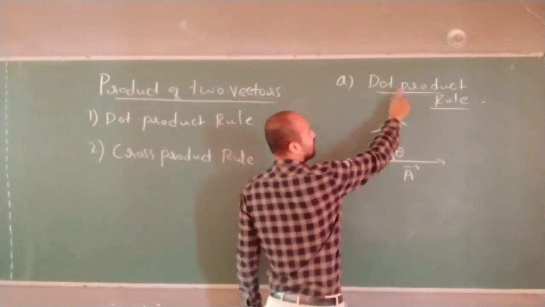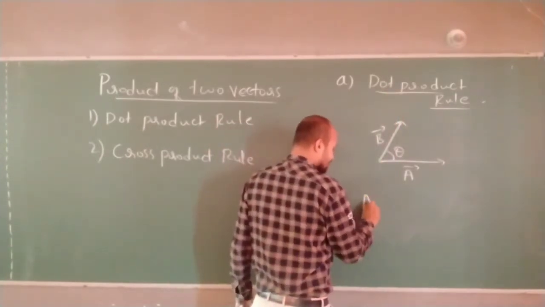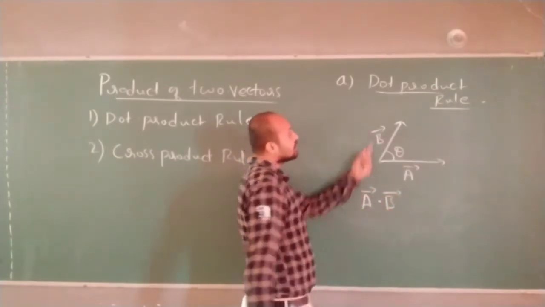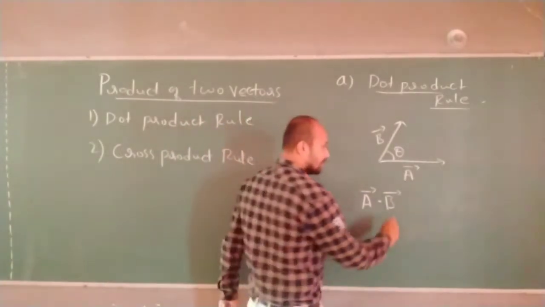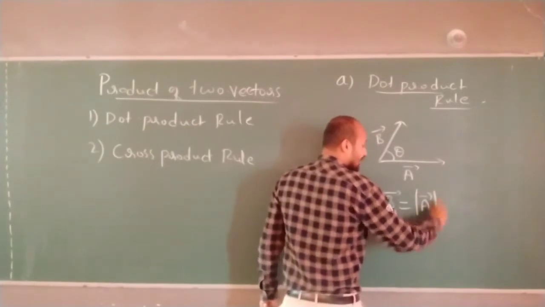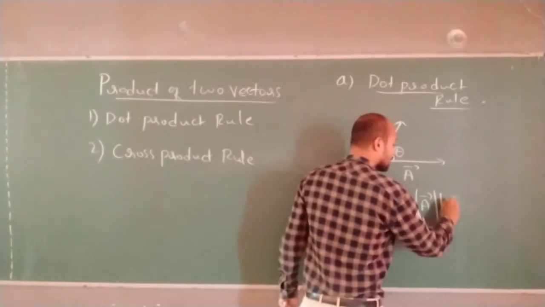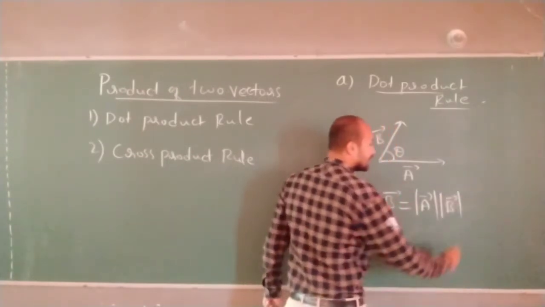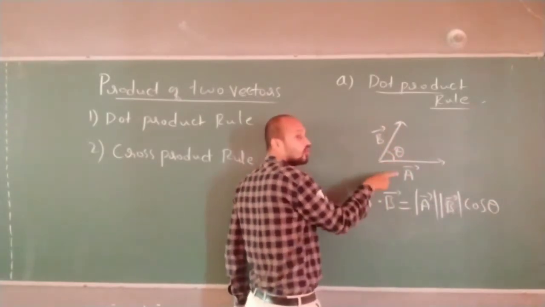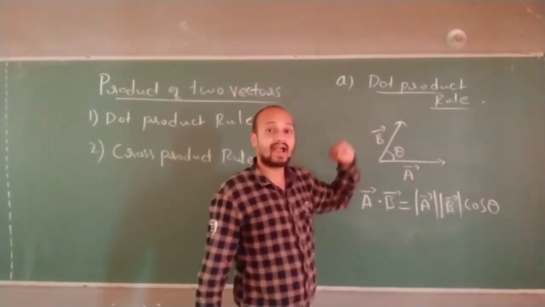If I multiply these two vectors using the dot rule, that is A dot B, it will be equal to the magnitude of vector A into the magnitude of vector B into cos theta, where theta is the smallest angle between the two vectors when their tails or heads are joined.